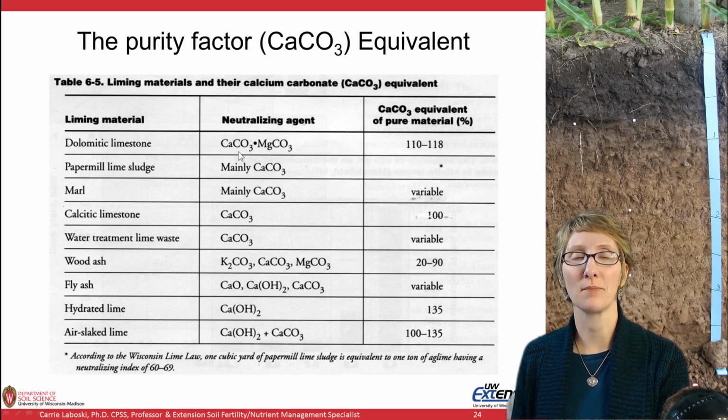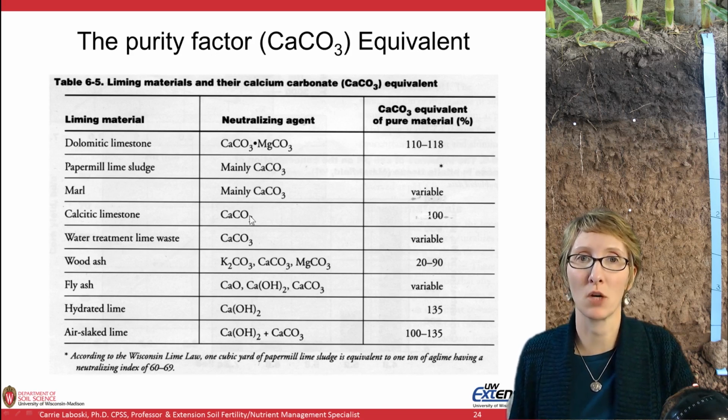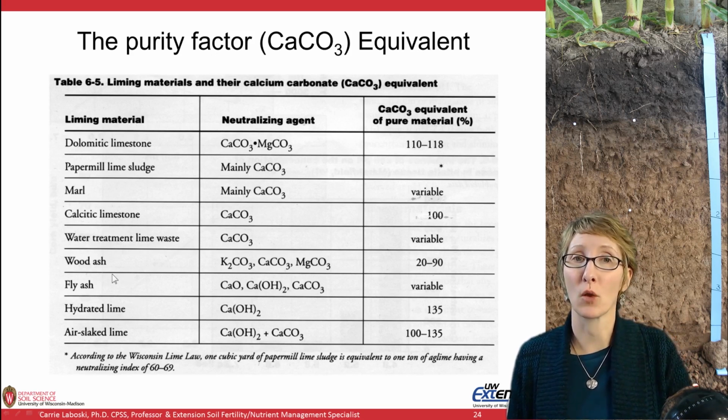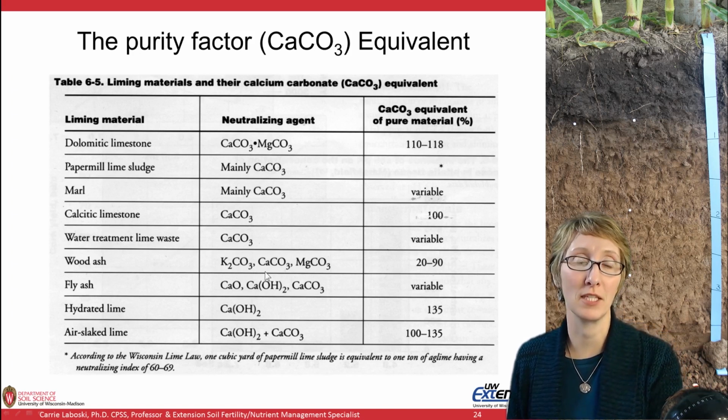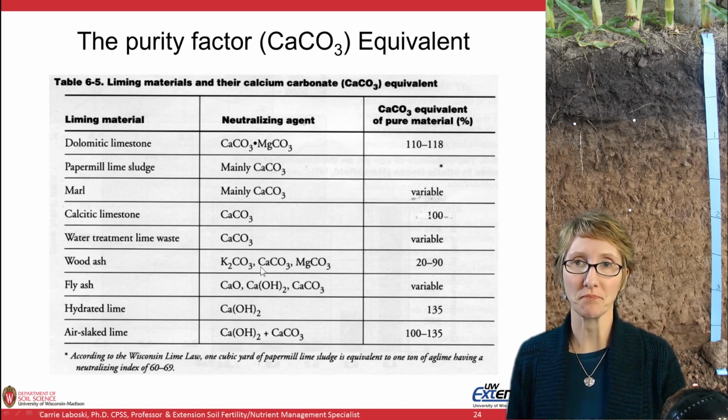So for dolomitic lime, it's important to keep in mind that dolomite is calcium and magnesium carbonate. Something like paper mill sludge is mainly calcium carbonate. Calcitic limestone obviously is calcium carbonate. Then you get materials like wood ash, where we have potassium, calcium, and magnesium carbonates all together.